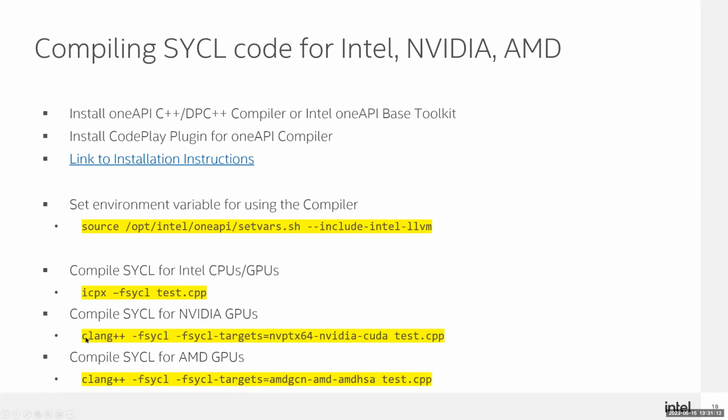So now if we want to compile it for NVIDIA GPUs, we can add this -fsycl-targets=nvptx64-nvidia-cuda, and then that will compile it so that it can be run on NVIDIA GPUs, right?